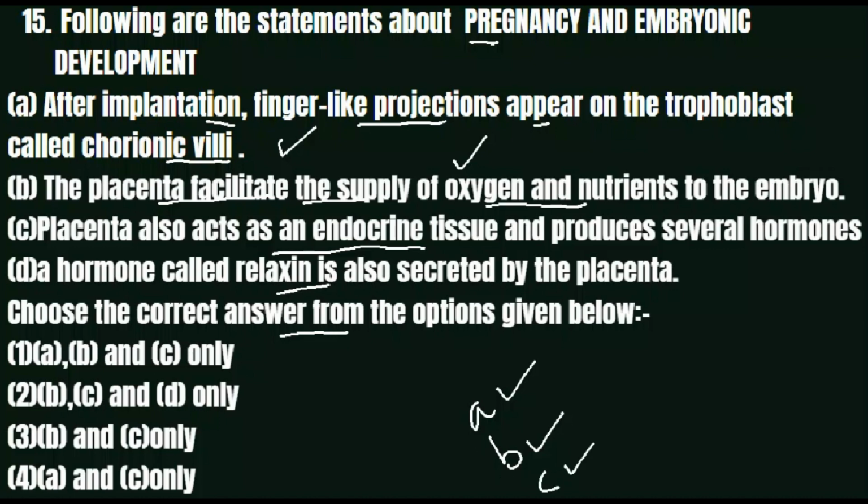C is also correct. Now let me see D. A hormone called relaxin is also secreted by the placenta. That statement is wrong. Relaxin is secreted by ovary. So which means that A, B and C are correct. So which option gives that? It is option 1. So option 1 is the answer. That shows that statements A, B and C only are correct.